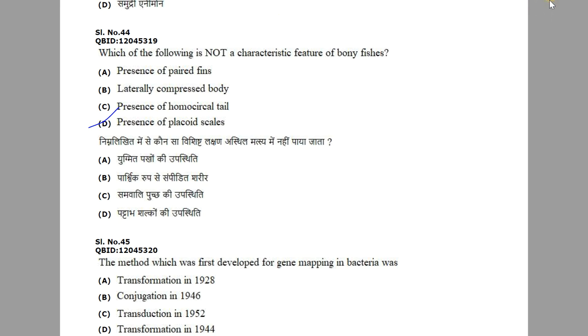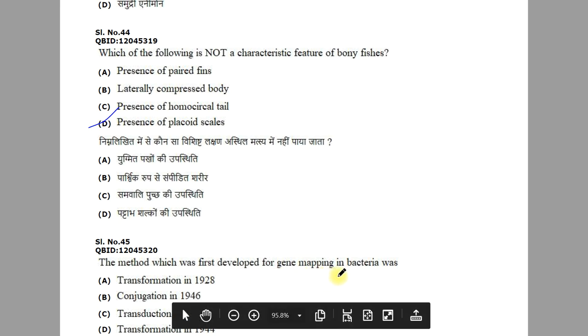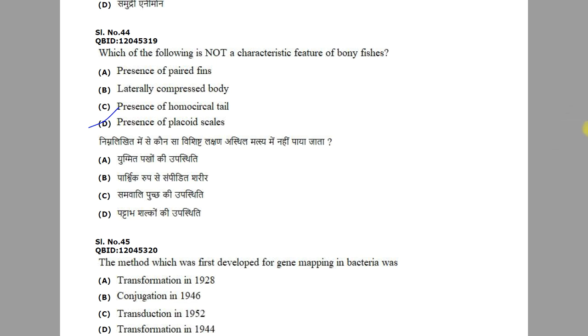Question number 45 is: the method which was first developed for gene mapping in bacteria was A. Transformation in the year 1928, B. Conjugation in the year 1946, C. Transduction in 1952, and D. Transformation in 1944.